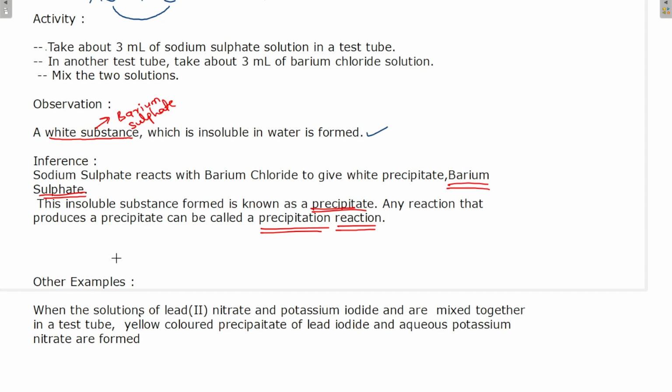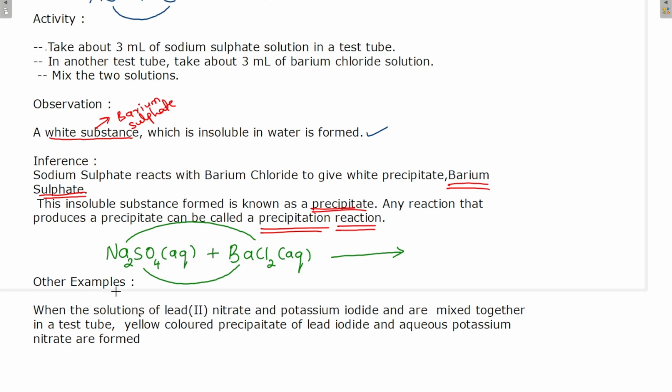We had taken sodium sulfate here, which has the formula Na2SO4. When aqueous solution of sodium sulfate is mixed with barium chloride solution, that is BaCl2 solution, what happens? There is exchange of ions between these two reactants to form NaCl and BaSO4.